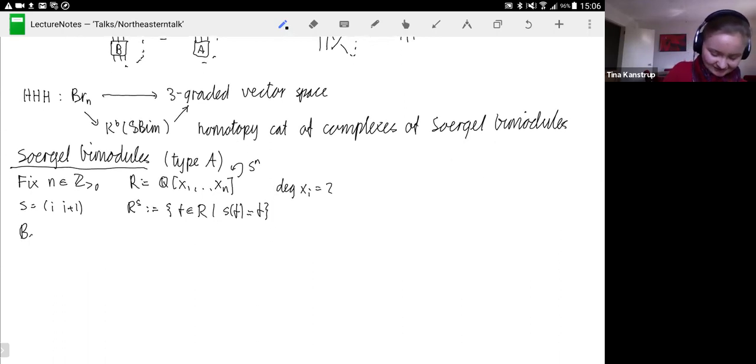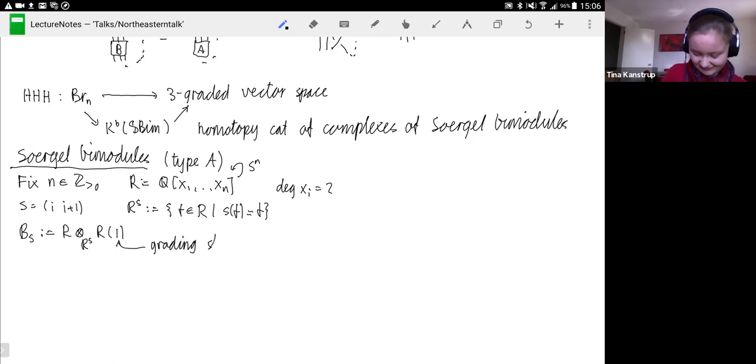Okay, and so the thing I'm really interested in is this tensor product. And then I put a grading shift here. So maybe it doesn't look so interesting at first, but it will be in a minute.